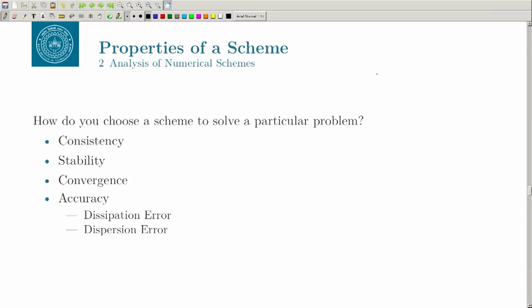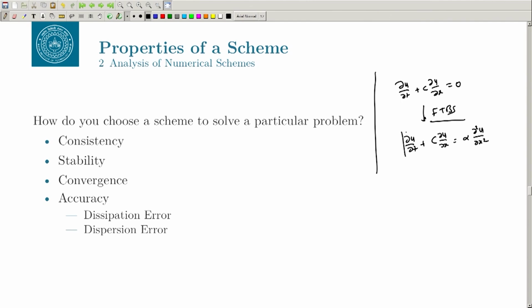If you have the equation del u by del t plus c del u by del x equal to 0, and you use a scheme like FTBS, you end up solving the equation del u by del t plus c del u by del x is equal to alpha del 2 u by del x square.